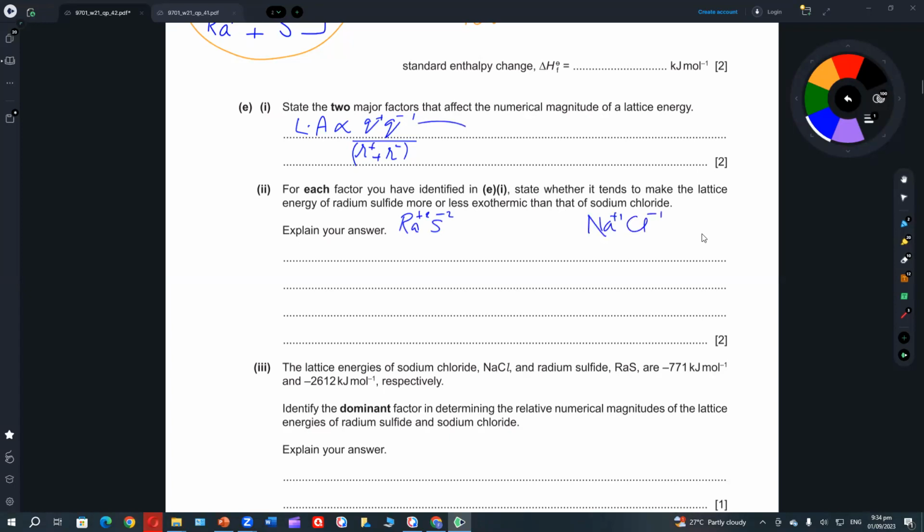The upper position goes in favor of radium sulfide. What about ionic separation? Can we judge that? The numerator favors radium sulfide to be more exothermic.